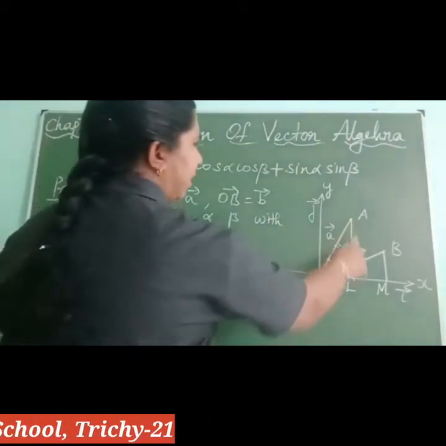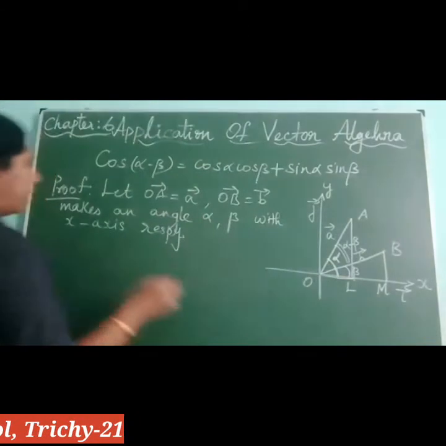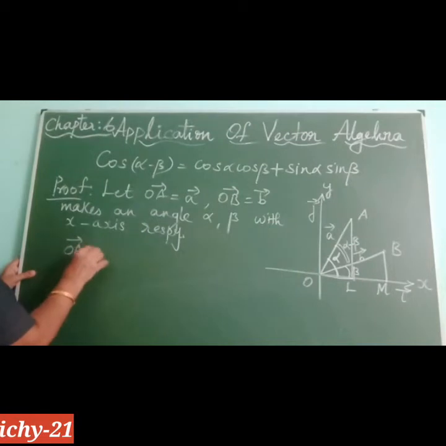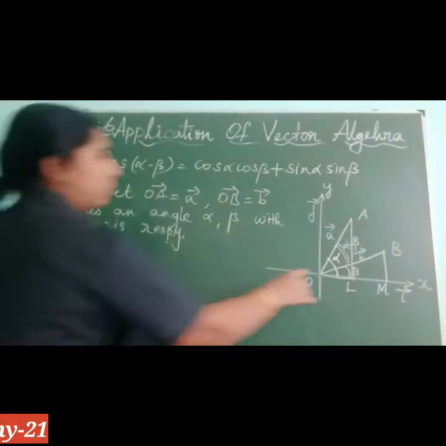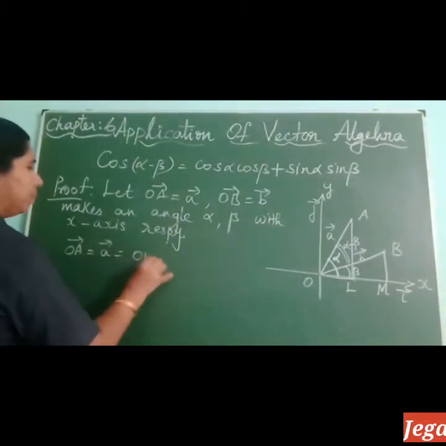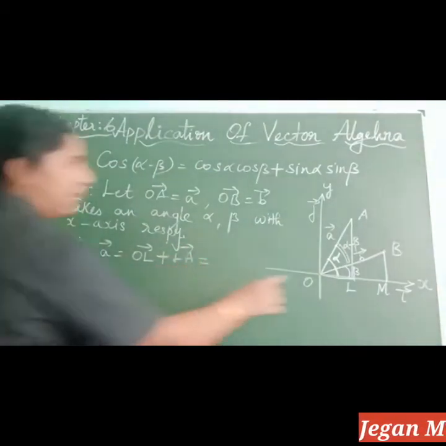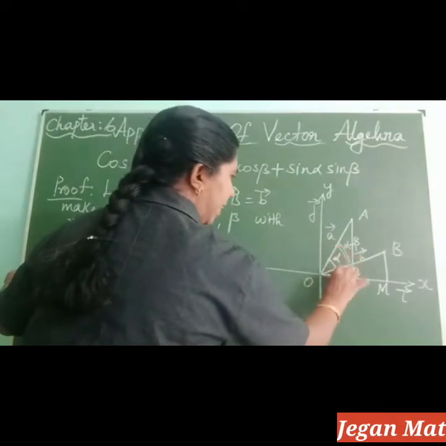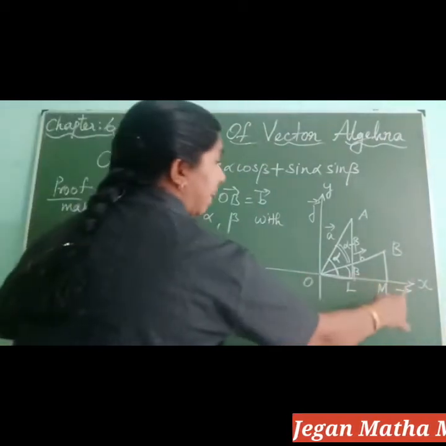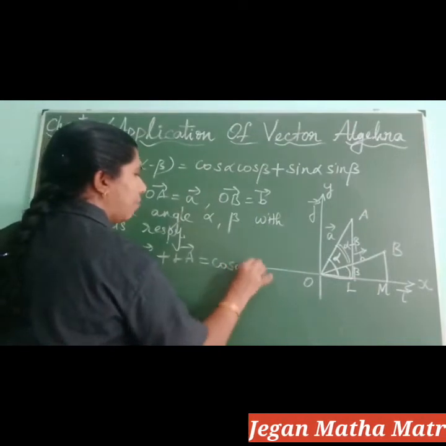When we consider the triangle OAL, A vector is equal to OL plus LA. OL is the adjacent side along the x-axis, represented by I vector, with the angle alpha. So OL is cos alpha I.